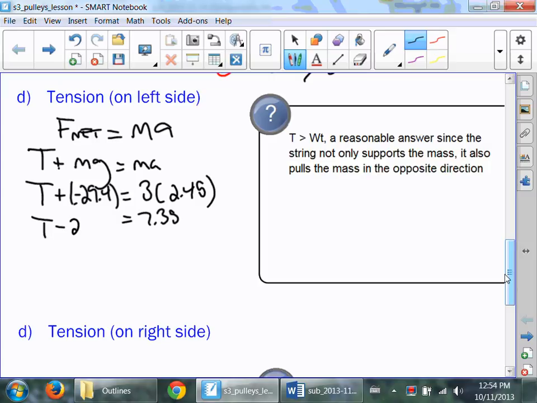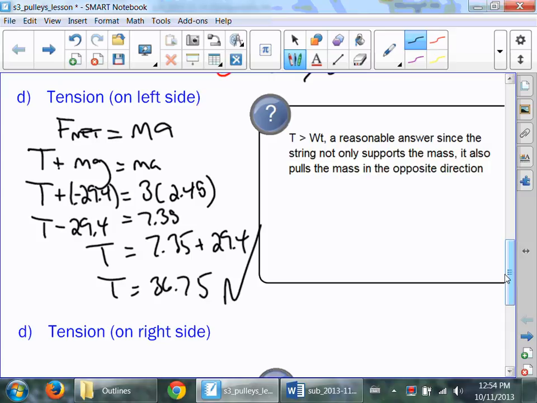So to figure out what the tension is going to be, tension is going to be 7.35 plus 29.4. So that's going to be 36.75 newtons. That's the tension on the left side.